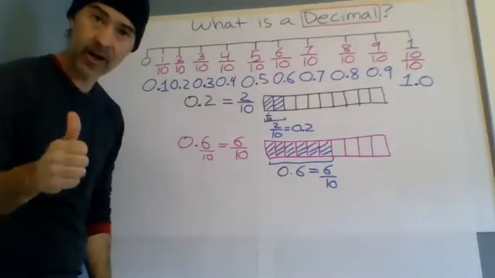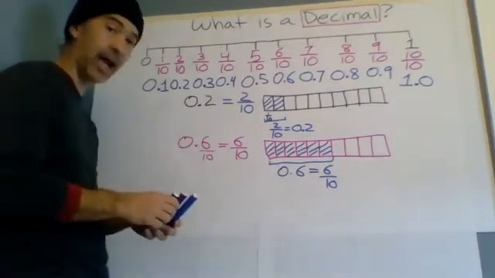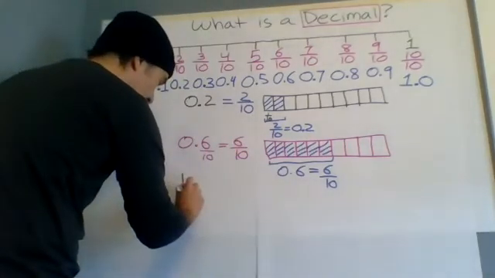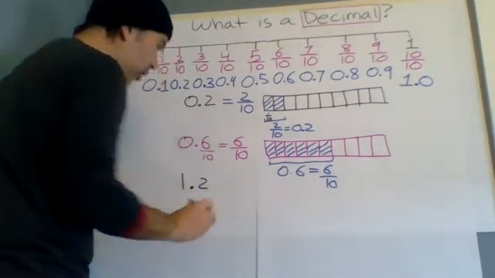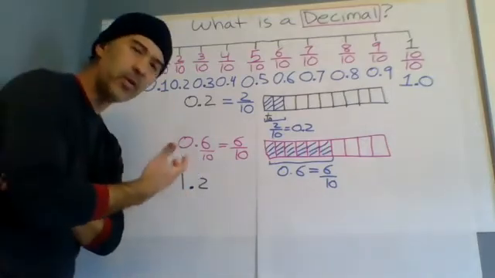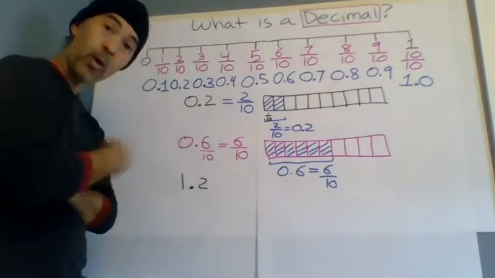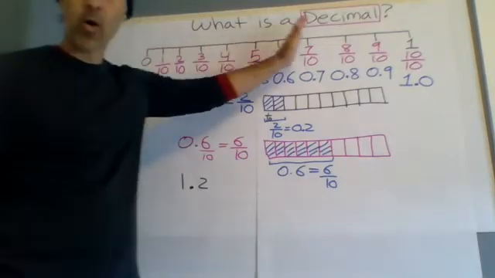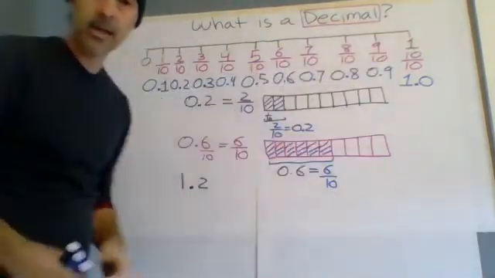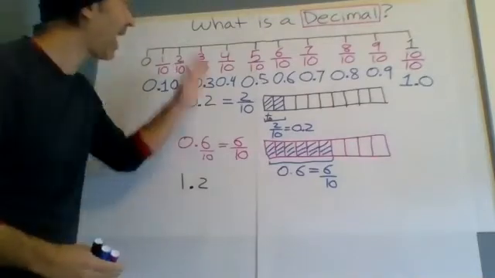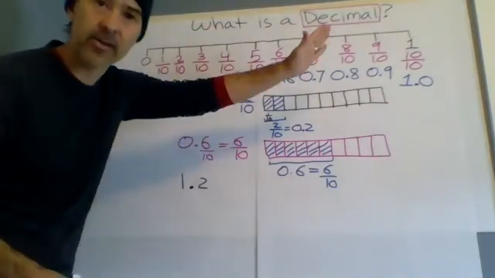Okay, ready for one more, okay? Here's our last one. If I have 1.2, oh, what does that equal? What do we do there? Well, looking back at our whole, a decimal tells us every whole has 10 equal parts.